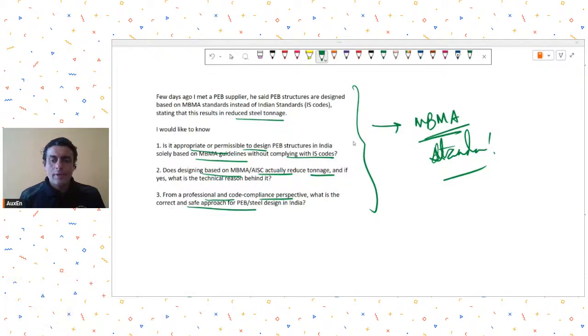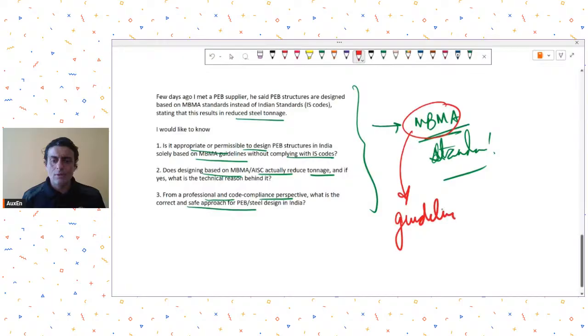Yeah, MBMA. Should we use? Are we allowed to use? What is MBMA? If you are doing pre-engineered buildings, what to do? So MBMA, you must understand first of all, it's not a design code in itself. It is just a guideline. Okay, it is not a design code. It's a guideline. What is the full form of MBMA?